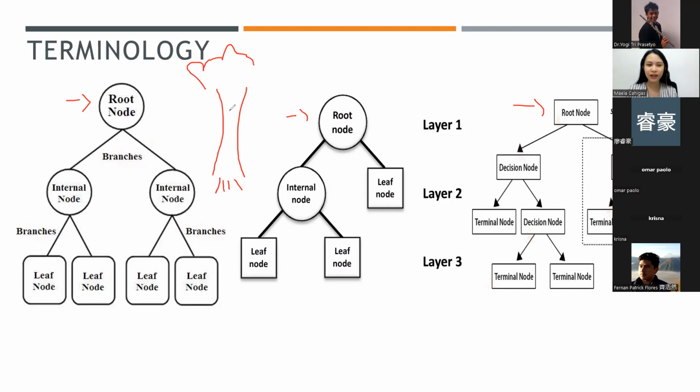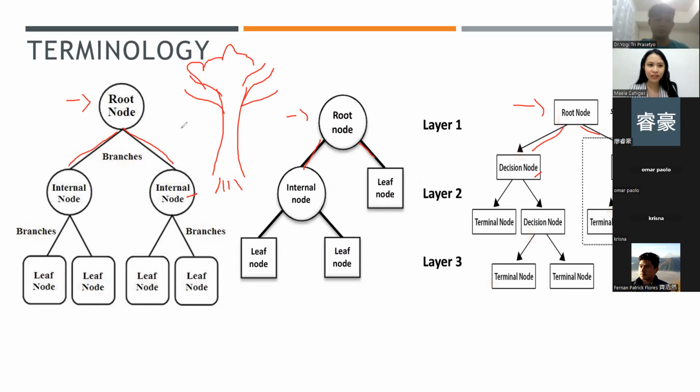And in a tree, you also have branches. For example, we have branches over here that hold our leaves, and this is also our branches. And then we have what we call internal nodes and decision nodes.